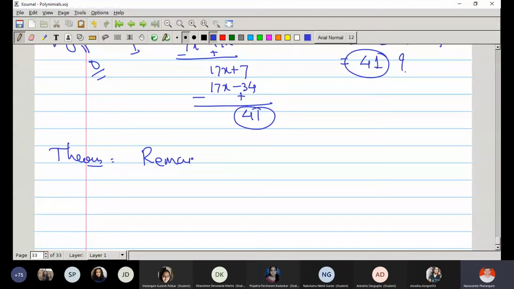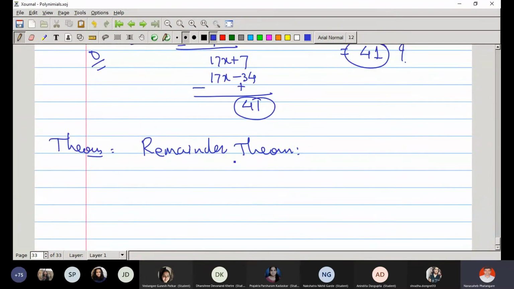What is the remainder theorem, and is this true in general? So let f of x be a polynomial in R[x] and alpha a real number, whatever it may be.